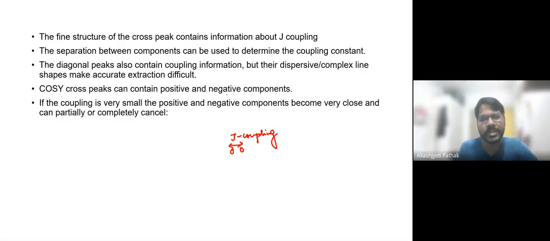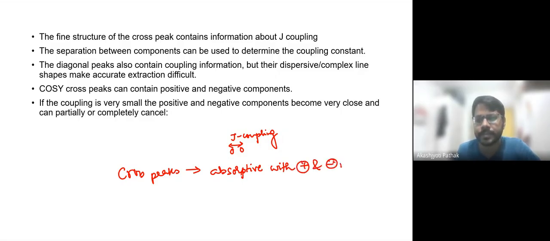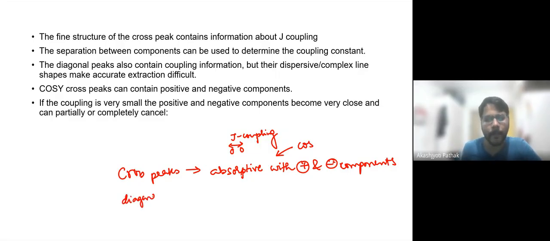The COSY cross peaks can contain both positive and negative components. One thing you have to understand is that the cross peaks are absorptive, with positive and negative components. Absorptive why? Because they have cosine terms, and your diagonal peaks are dispersive.